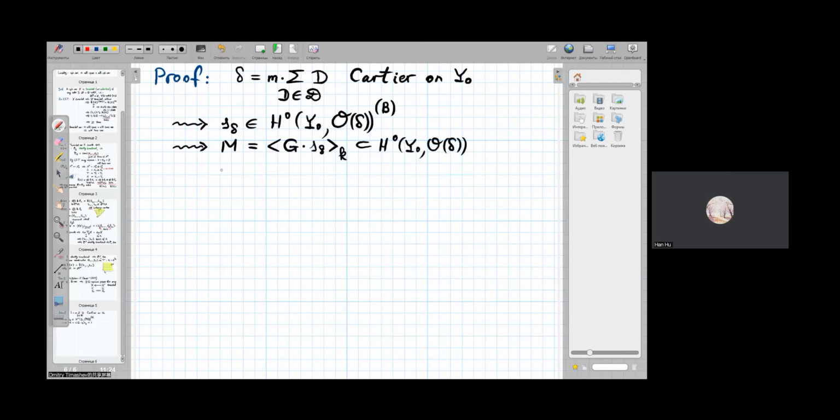Okay, this is a simple G submodule with highest weight vector S delta.